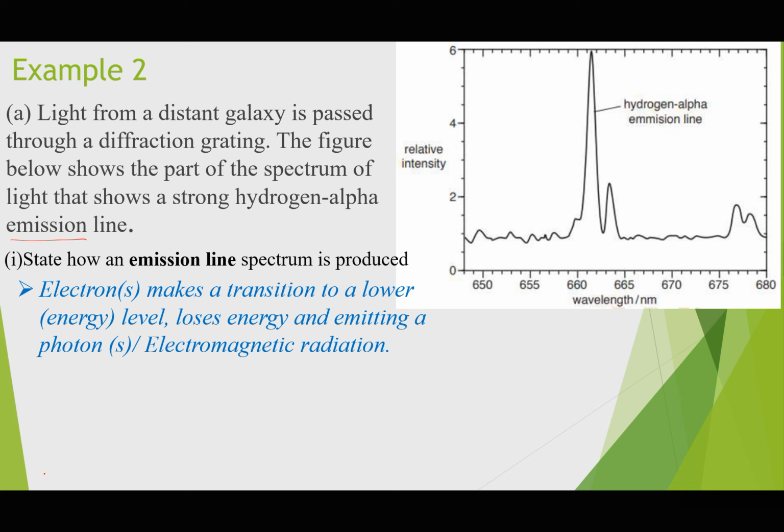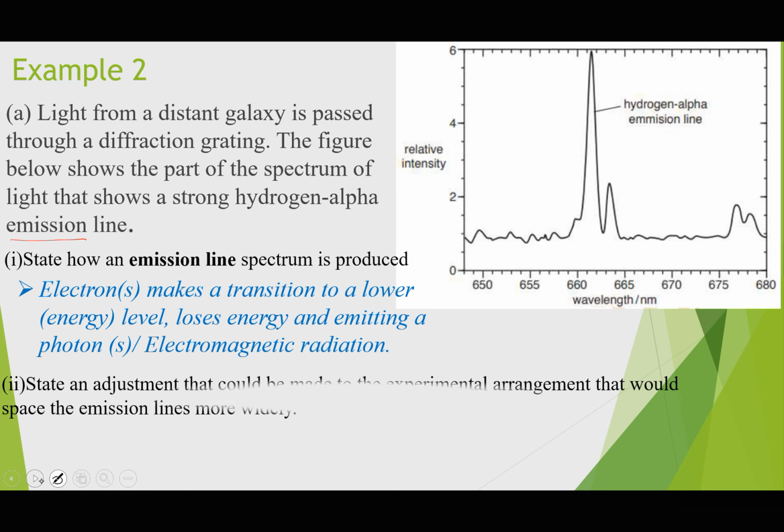Then part 2, state an adjustment that could be made to the experimental arrangement that would space the lines more widely. So if we want to space the lines more widely, the spectral lines can be studied by a diffraction grating, because the light must be passed through a diffraction grating to be able to separate the wavelengths.